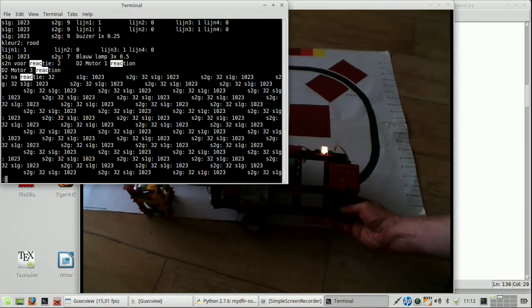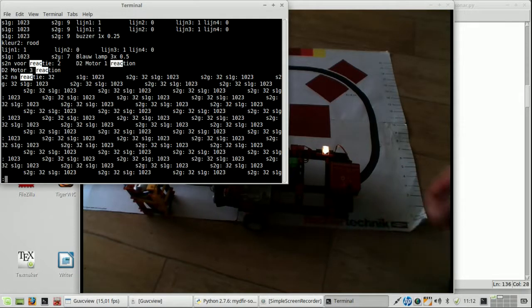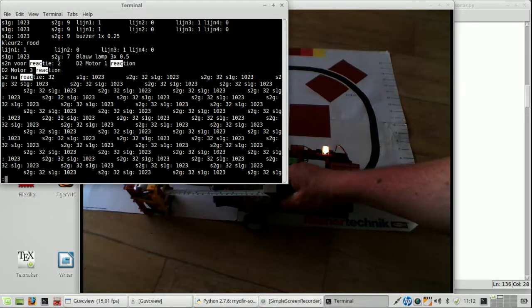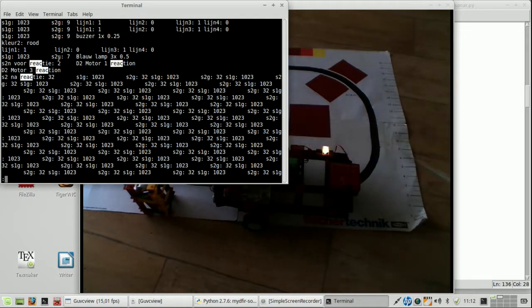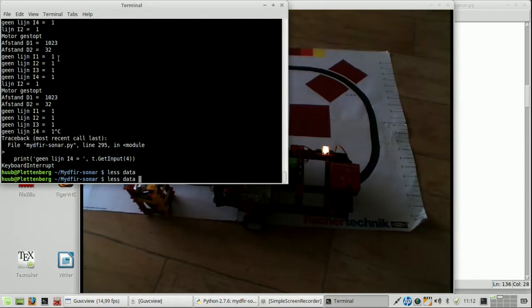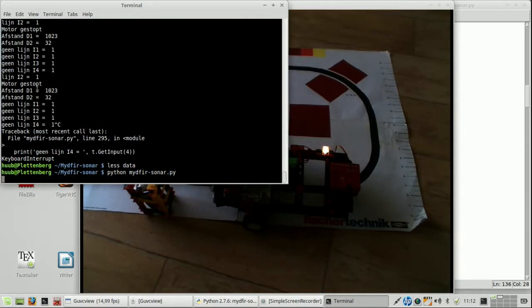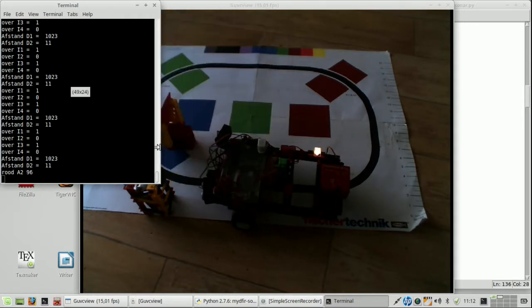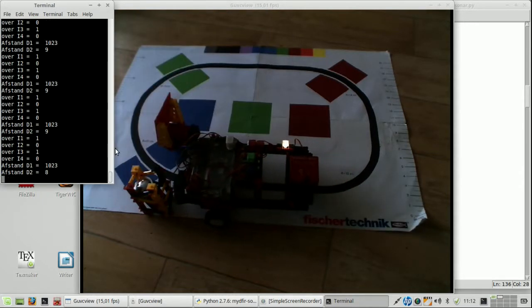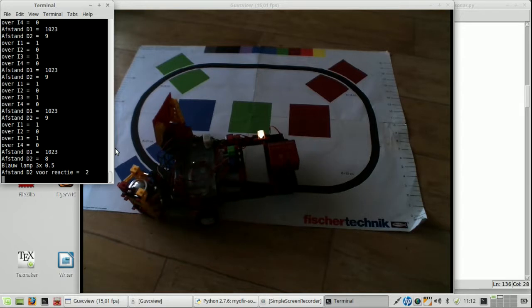Do I get the same kind of data from somewhere here? Measurement. Yeah, about the same. So, go. Boom.